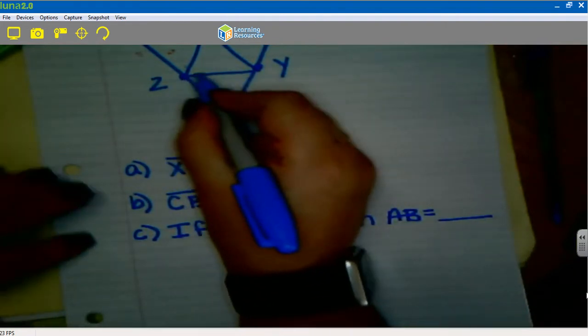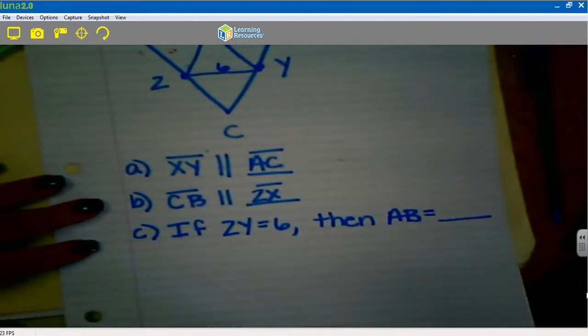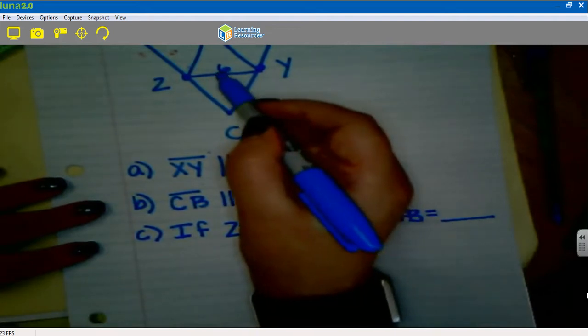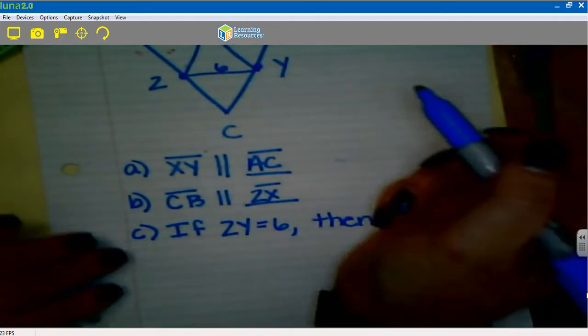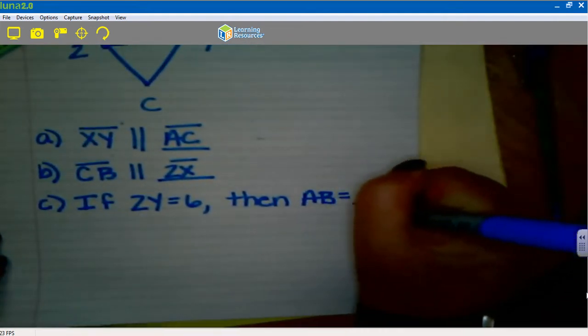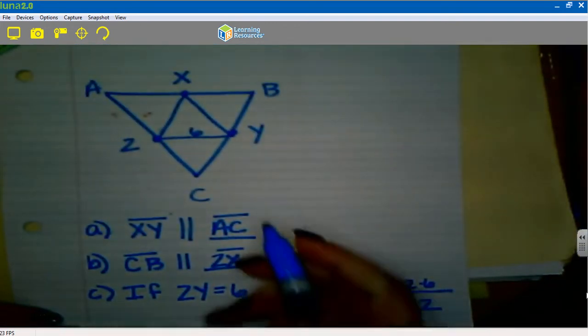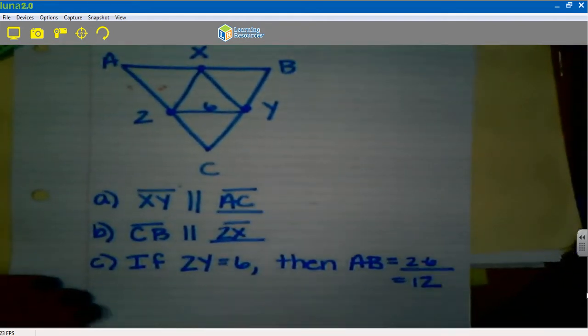Okay, if ZY is equal to 6, what's AB? Well, if we know the mid-segment, then to get the base, we double it. So 2 times 6, that's equal to 12. Sorry, 6, we double it to get AB is 12.